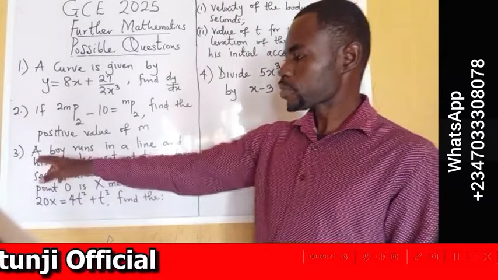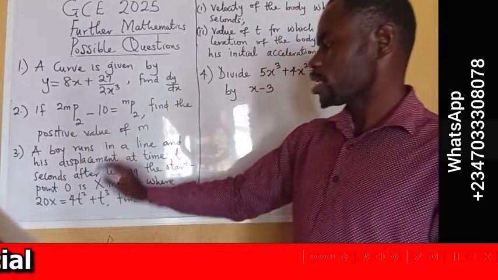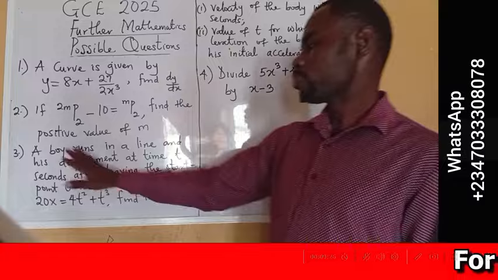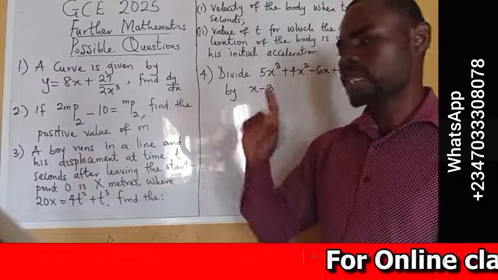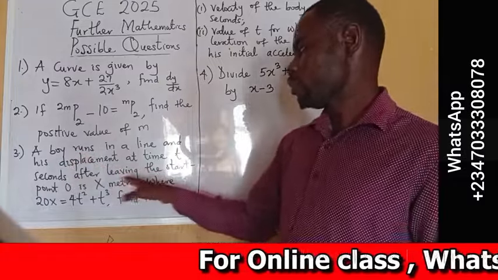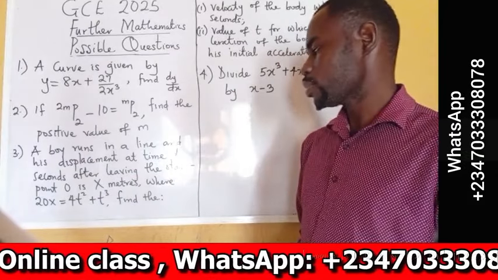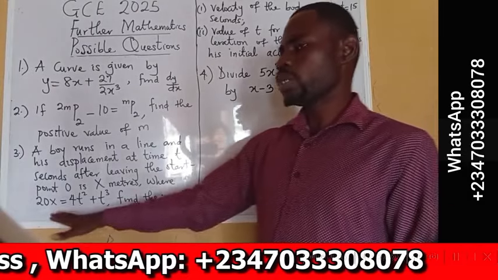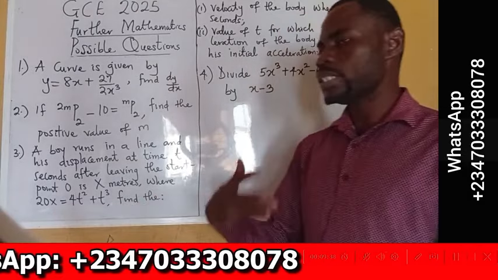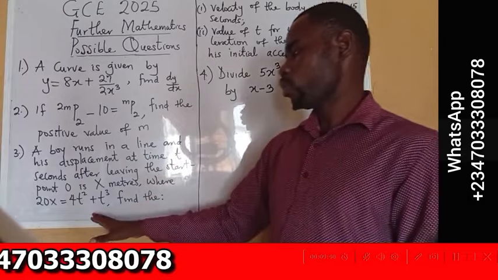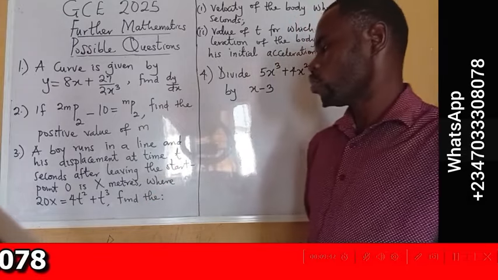Number 3: a boy runs in a line and his displacement at time t seconds after leaving the start point O is x meters, where 20x equals 4t squared plus t cubed.